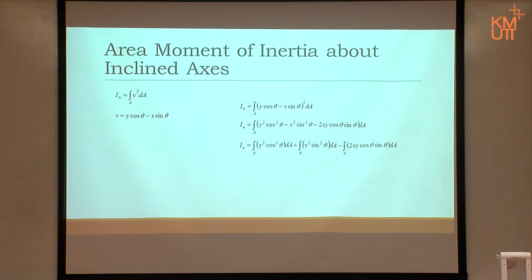Sine squared can come out, and sine cosine can come out, and then we form that integration term instead. Now, when we look at that form, y squared dA is Ix. x squared dA is Iy. And the integral of xy dA is Ixy. Substitute for it there.